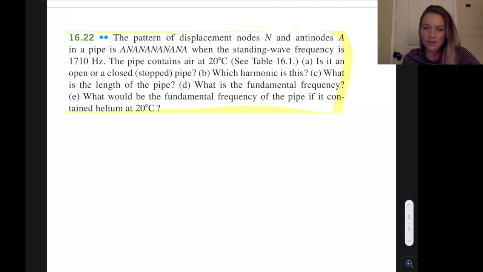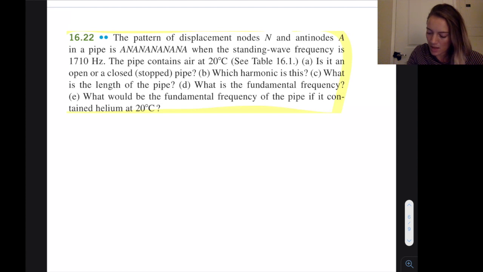Which harmonic is this? So the first thing I would do here is just draw out what this corresponds to. So I'm going to count my nodes here. So I have 1, 2, 3, 4, 5 nodes. So I'm just going to draw a standing wave.